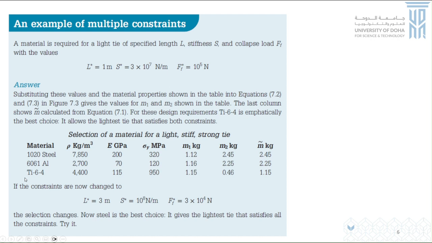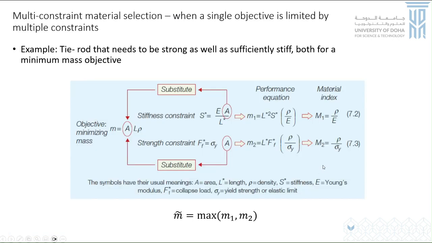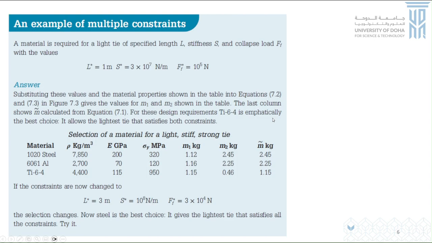I have certain properties for these, which are the density, the Young modulus, and the yield strength. Based on my performance equations, M1 and M2, I can substitute the numbers back and calculate a value of mass in each of these cases.